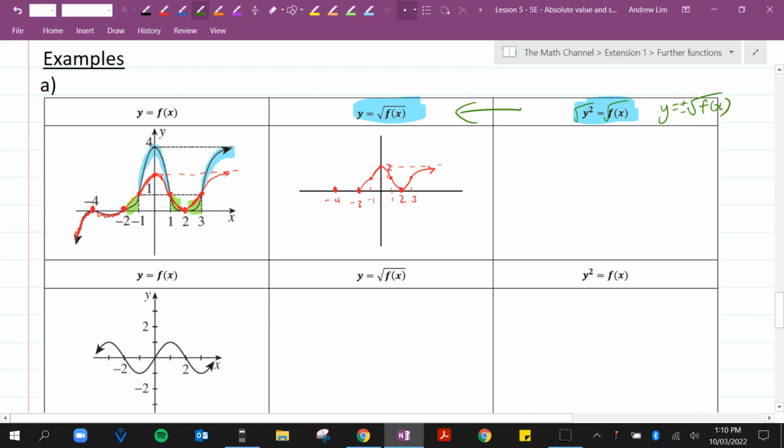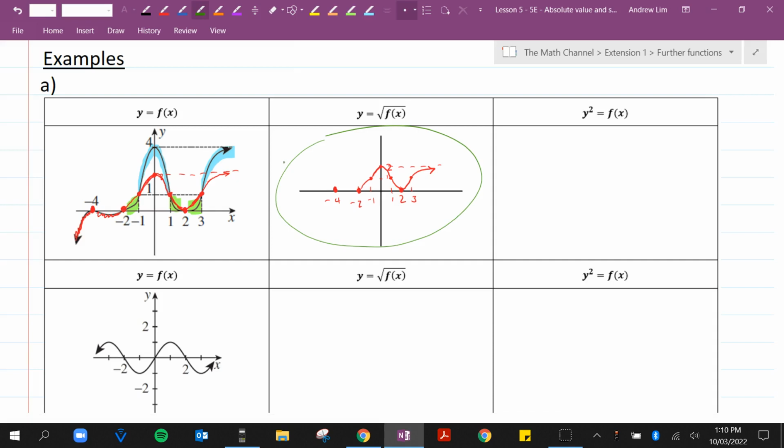So technically this will be y is equal to plus minus root f of x. This one here is only the positive version. So if we want to graph y squared is equal to f of x, we need to take that answer and also reflect it below the x-axis, because it's not just the positive, it's also the negative. So that makes it nice and easy.